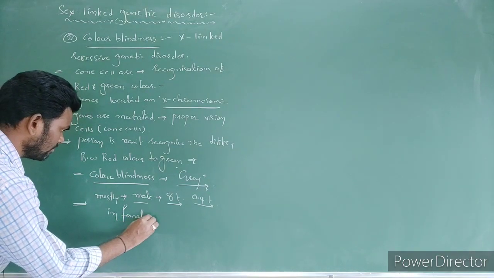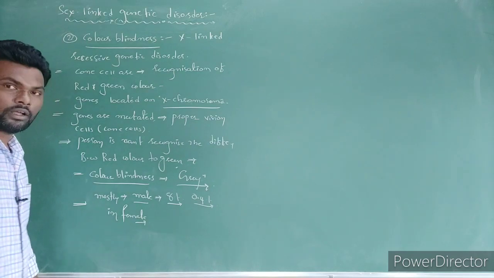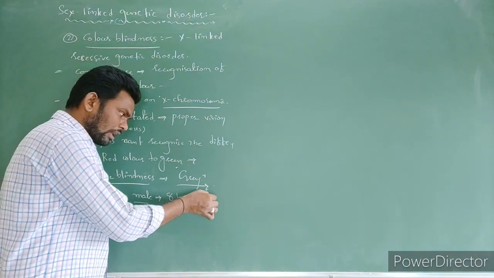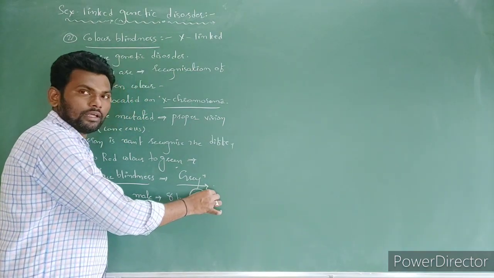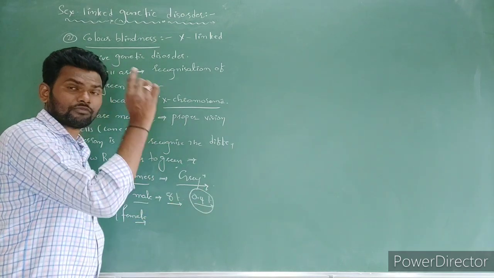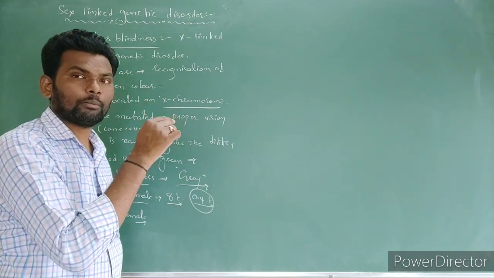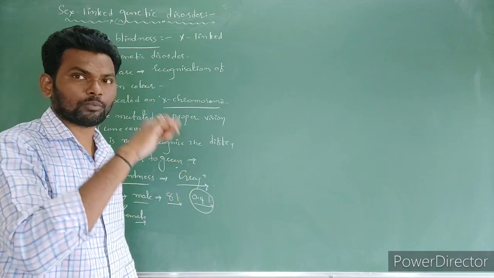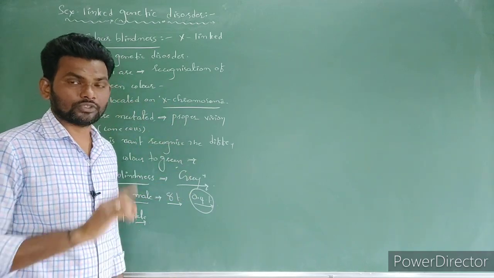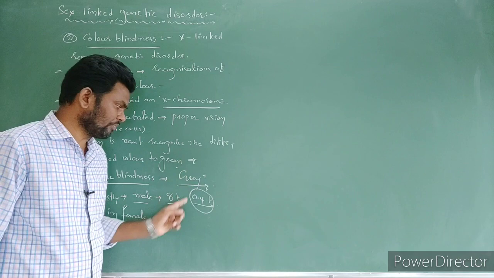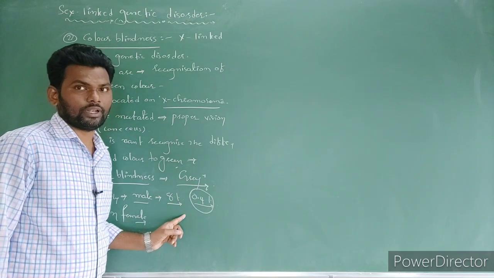Okay, color blindness also appears in females, but very rarely. In case of hemophilia, babies are not born; before birth the baby is going to die. So that is the difference between color blindness and hemophilia.